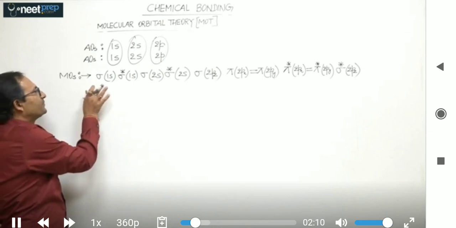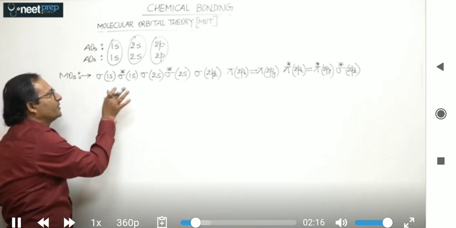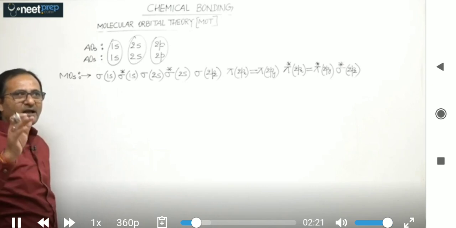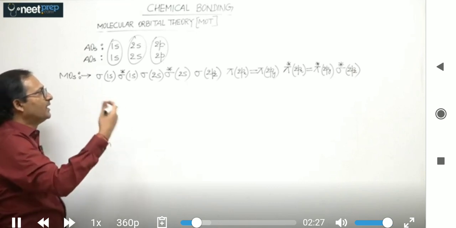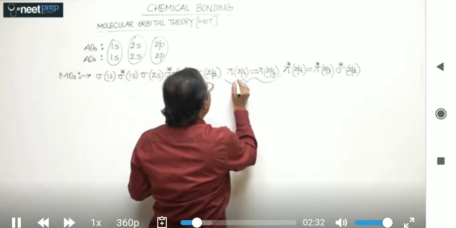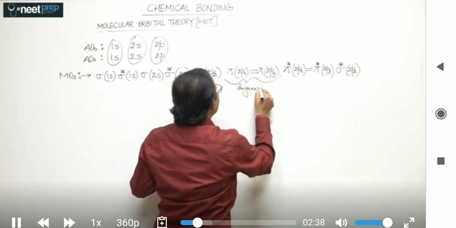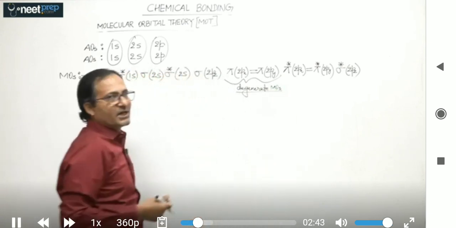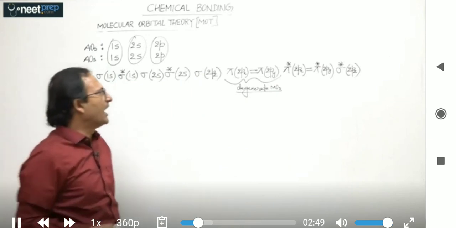This is the increasing energy order of molecular orbitals for the molecular species after N2, that is for O2, F2, Ne2, etc. And here you can see pi 2px and pi 2py are degenerate molecular orbitals. Degenerate molecular orbitals means molecular orbitals having the same energy.